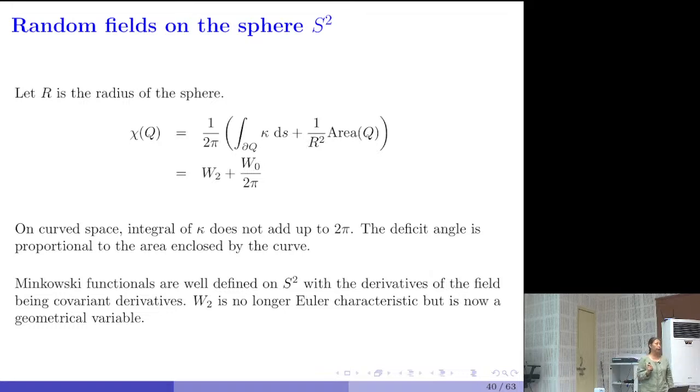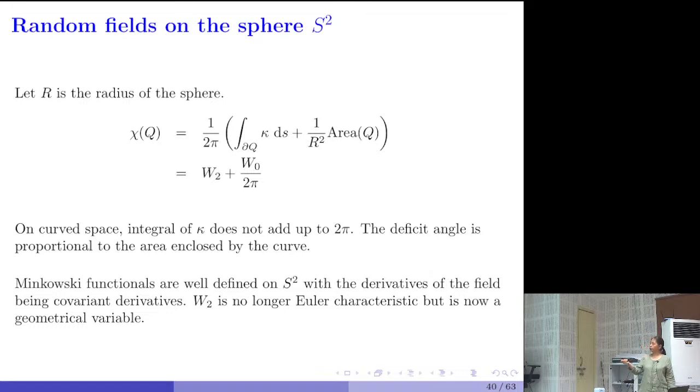But one important change is the Euler characteristic. Earlier for flat space, we had the integral of kappa ds by 2 pi equal to 1, right? We counted. But on curved space, it is no longer 1, and there is an additional term which depends on the area enclosed within the curve, where R squared involves the radius of the sphere that I am taking, and this is the Gaussian curvature.